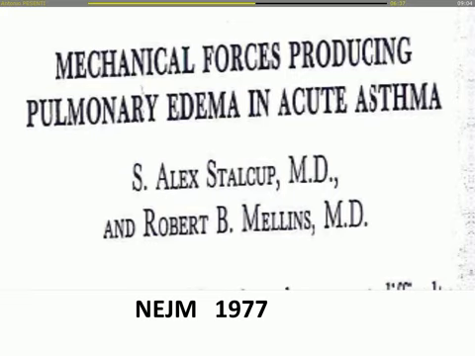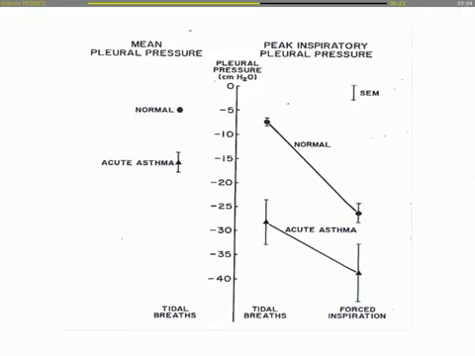It says, mechanical forces producing pulmonary edema in asthma. Asthma is bronchoconstriction, increased airway resistance. And the point is that intrathoracic pressures during asthma, according to these data, are more negative than in normal subjects.